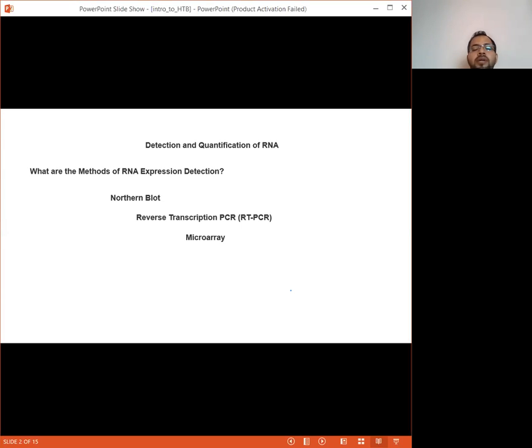You have heard about microarray or RNA-seq techniques to quantify the RNAs in a cell. Now the question is, why? What are the requirements for this kind of large-scale analysis? What do you think?